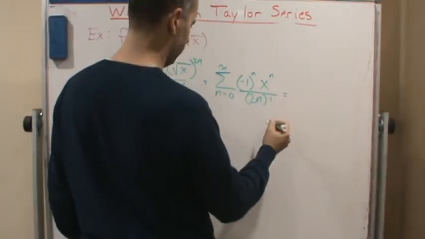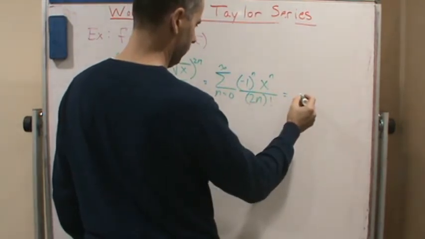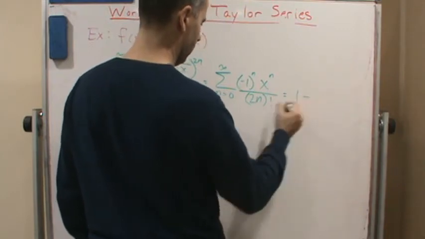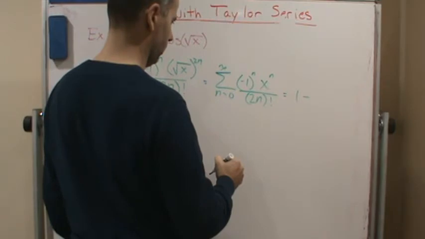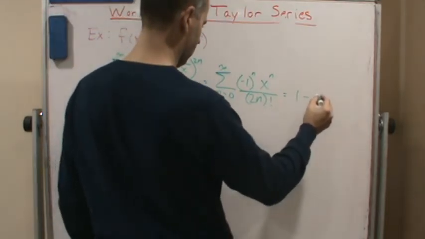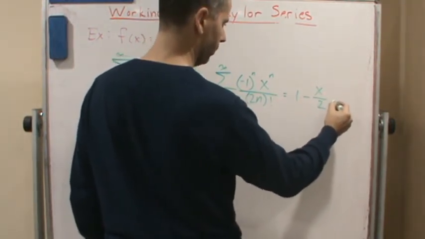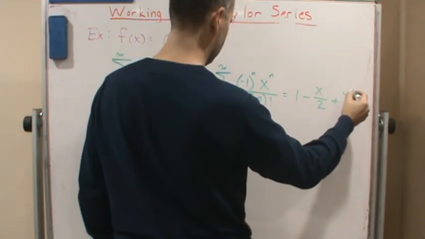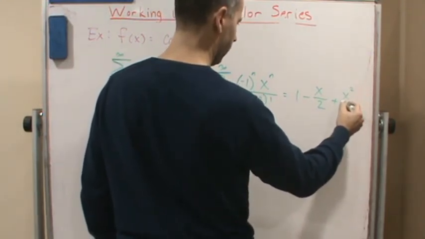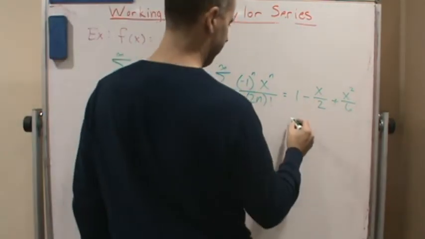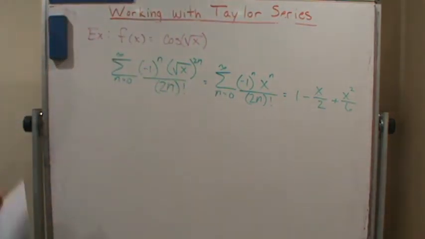So this is going to be equal to 1 minus x over 2 factorial, which is 2, plus x squared over 4 factorial, and continues in like fashion.